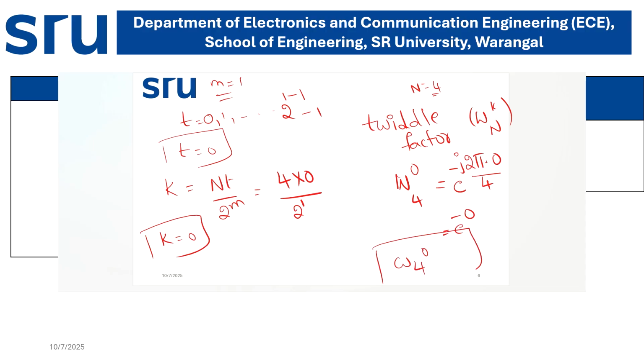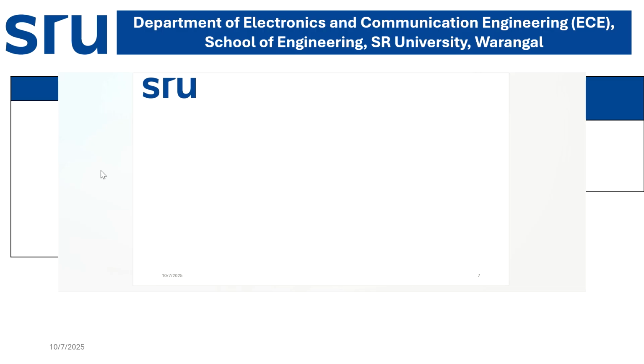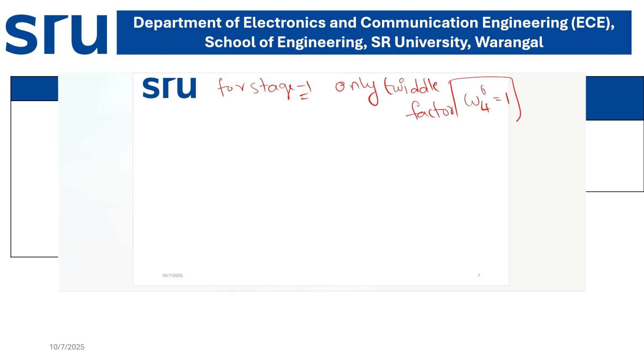Therefore, using the Euler's formula, cos 0 minus j sin 0, cos 0 value is 1 and sin 0 value is 0. And this is, we can write it down as, for stage 1, we have only one twiddle factor. That twiddle factor is omega 4 power 0, that is equals to 1.